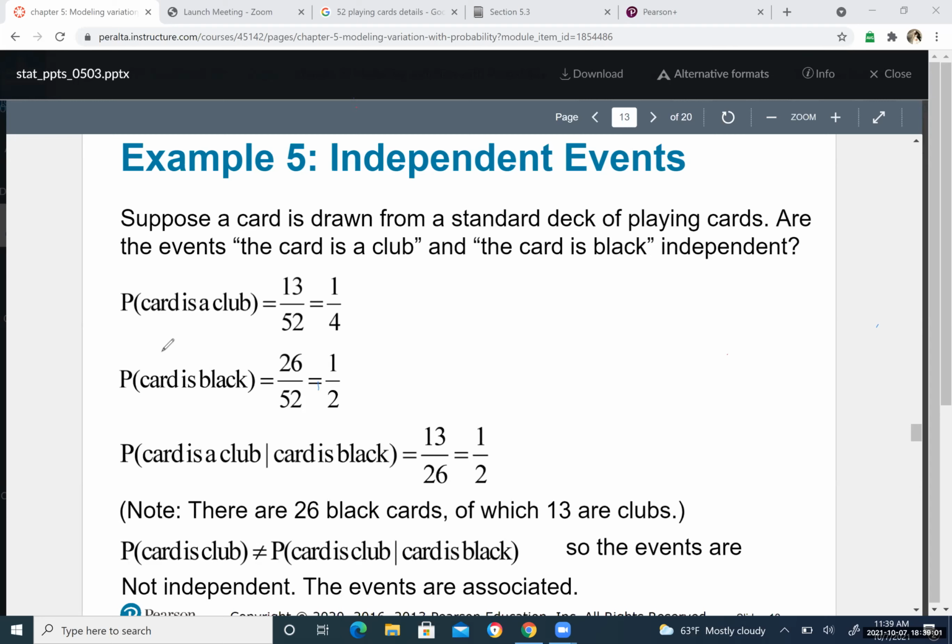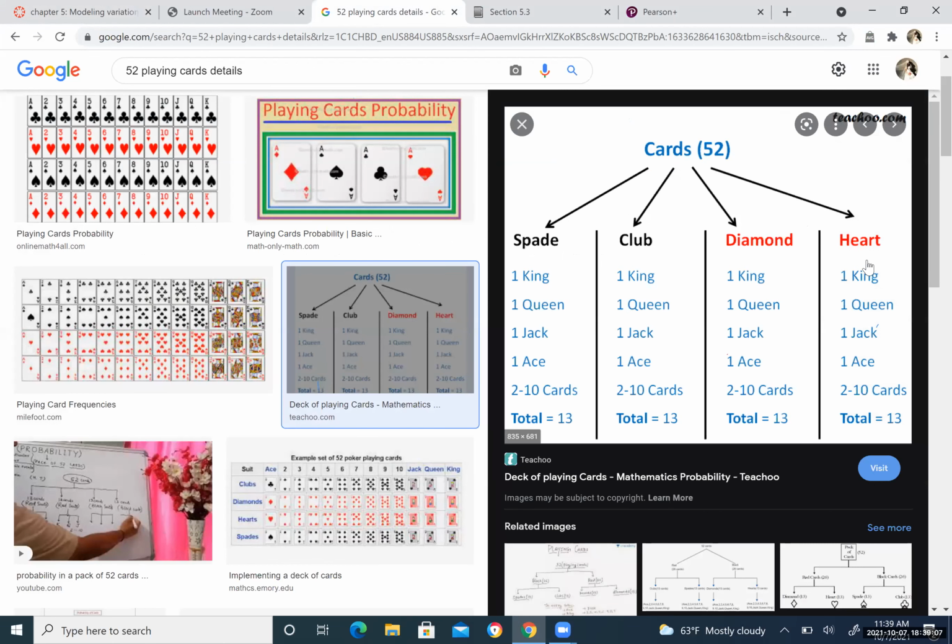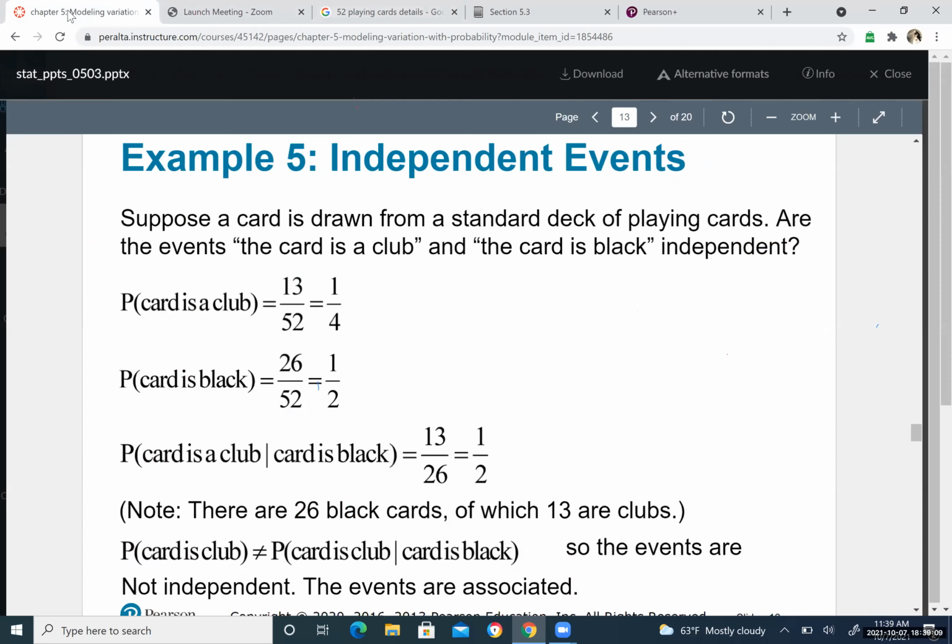Let me change to diamond or heart, for example. Okay, card is, let's say, diamond.